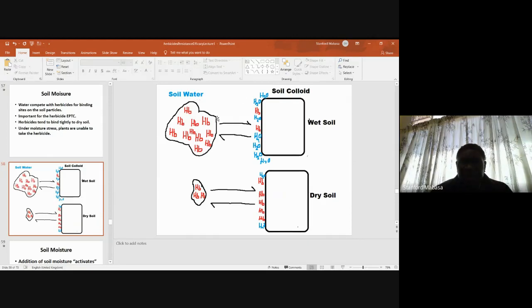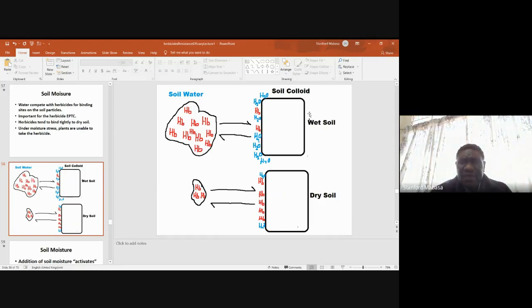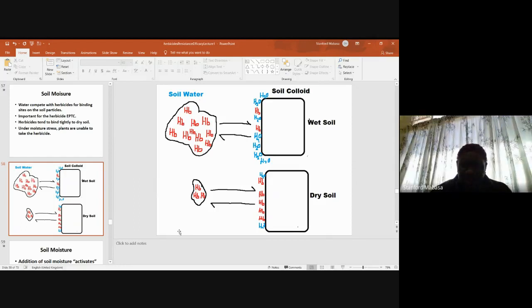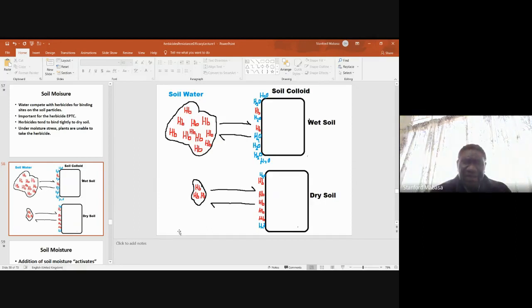Under wet conditions, most of the herbicide is in the soil water, and there is less on the soil colloid. But if you have dryness, you'll have more of the herbicide clinging to the soil particles, and very little will be available. No wonder moisture is important for the efficacy of herbicides.